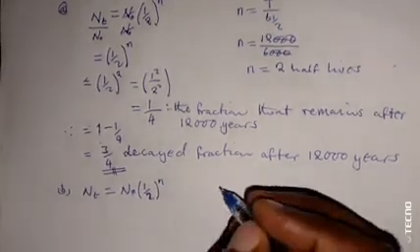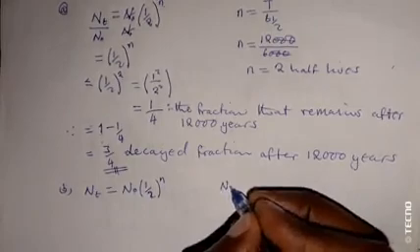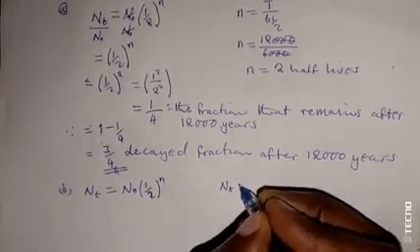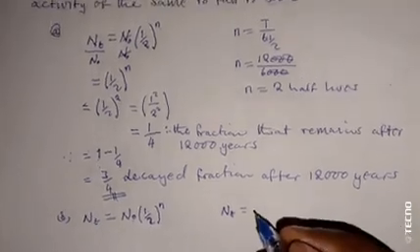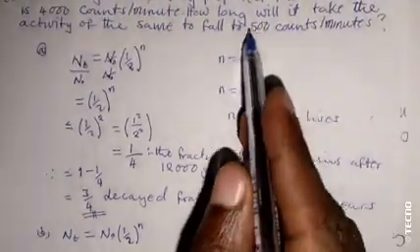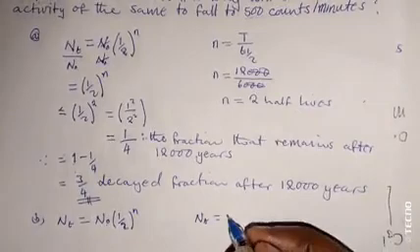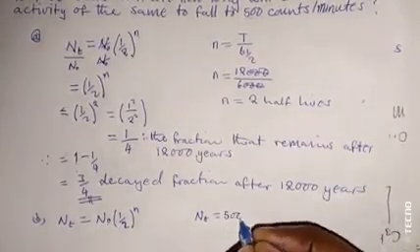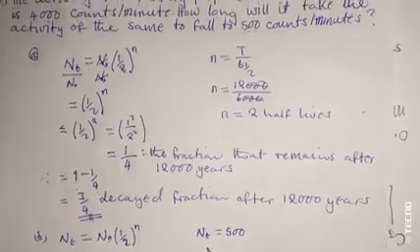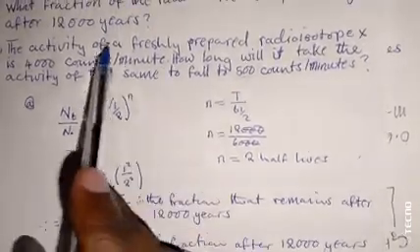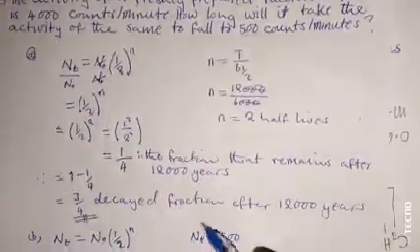So having this, we know that the remaining one here, that is falling, we have been given is 500 counts. So here we'll say it's 500 counts. Then again, the initial here is 4,000.